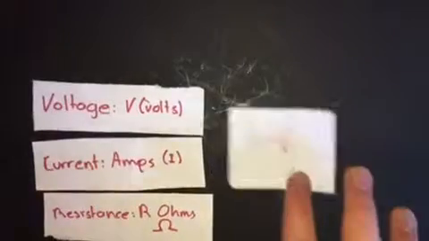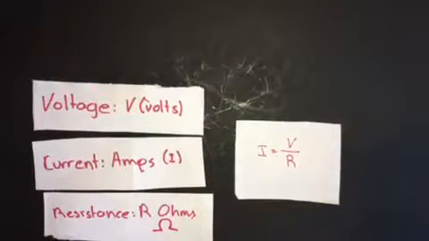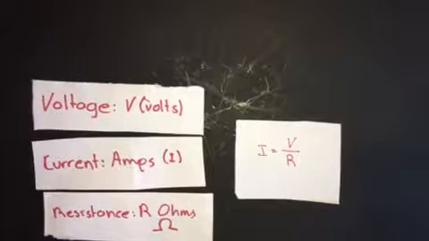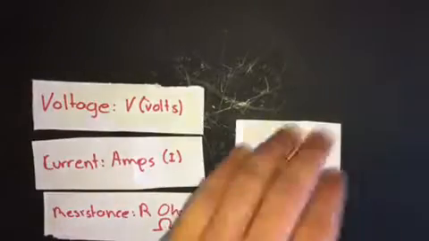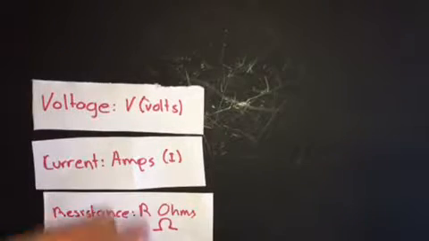Ohm's law helps us link all of these and get these values within a circuit. Before I explain how to use the equation or where to use it, I'm going to explain each one of these. The first one I'm going to explain is voltage.